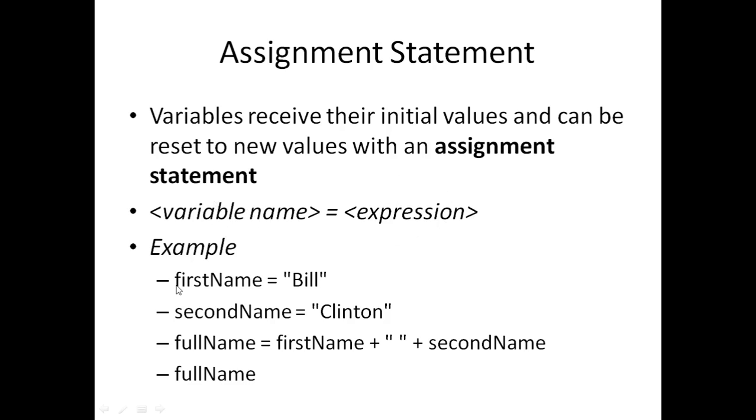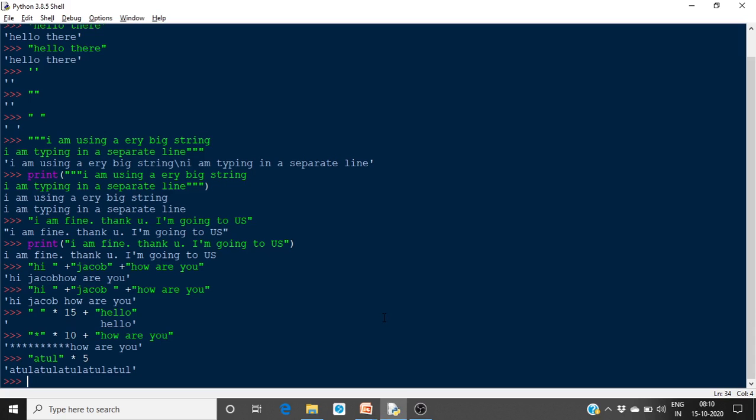These are some of the examples. First name equal to Bill, second name equal to Clint. We will see this in the programming itself. Here I am going to assign something to firstName. Since this is the standard way, and first name contains two different names, N is given as capital.